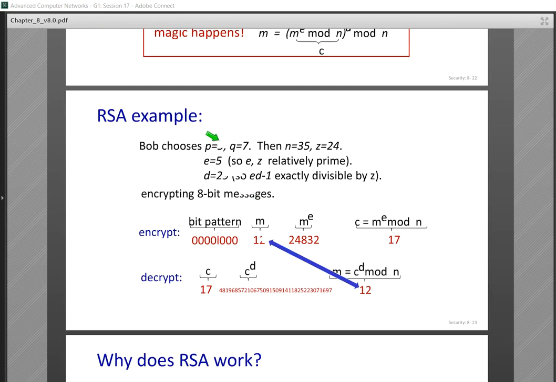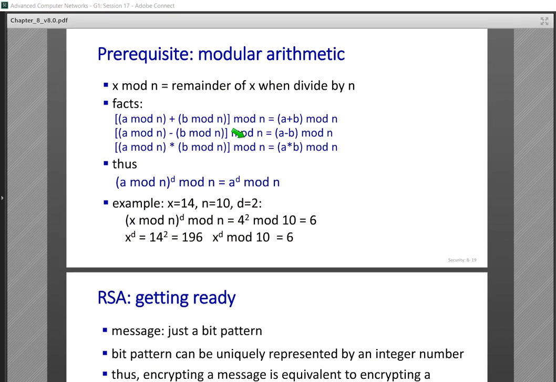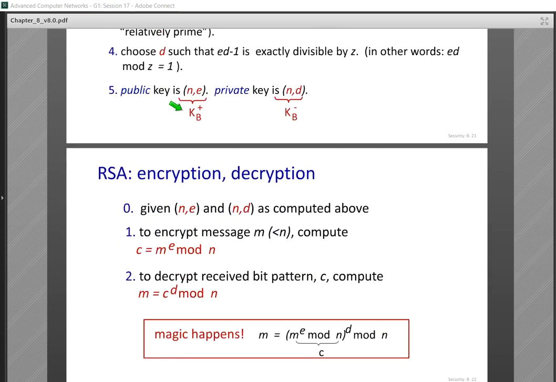Let's suppose that P is 5, Q is 7, and I'm continuing these steps.